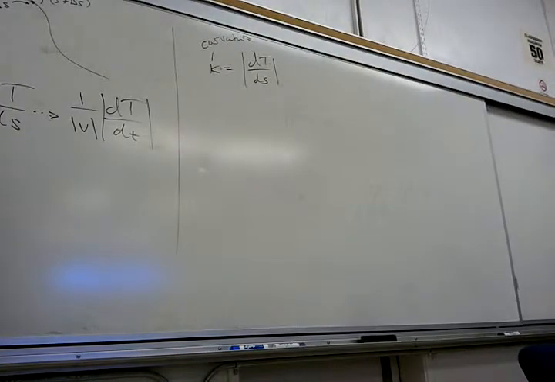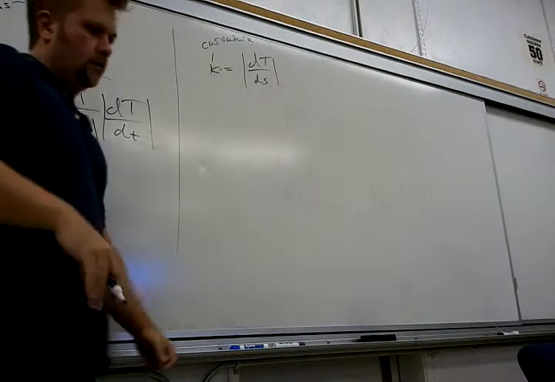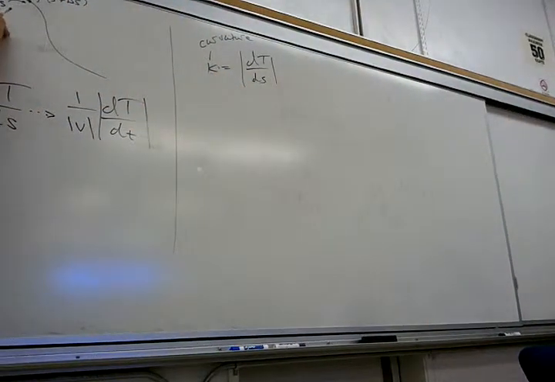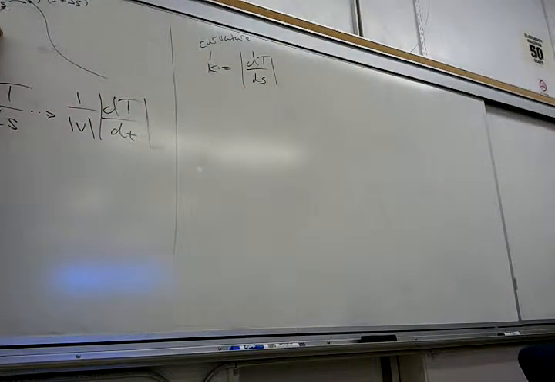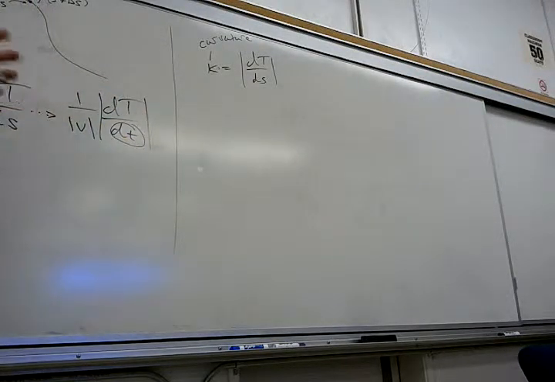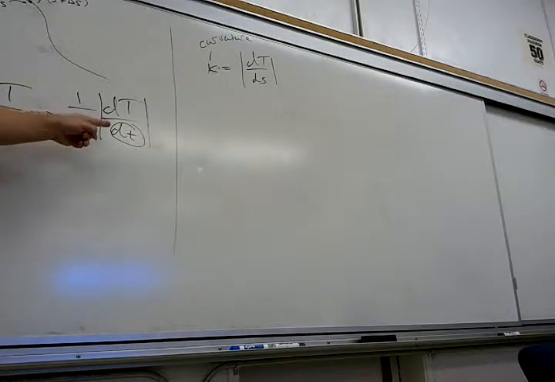It's the curvature of something. So the curvature is dT/ds. It's exactly how much the tangent vector is changing as I go around the curve. If I want to take it down to this, so I don't have to do all that weirdness we did earlier to figure out what s should be. You guys kind of with me here? I don't want to have to figure out what s is. I want to do it based on just t.